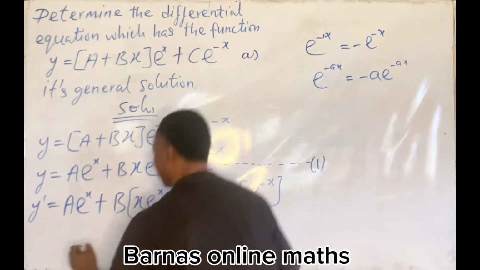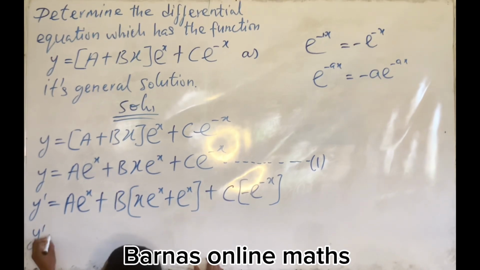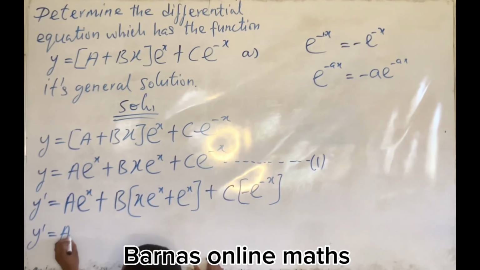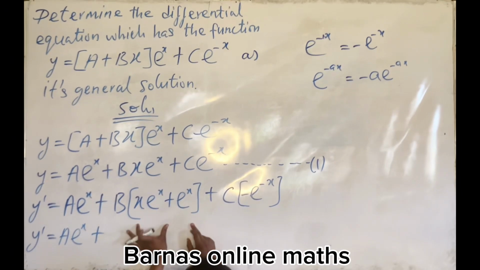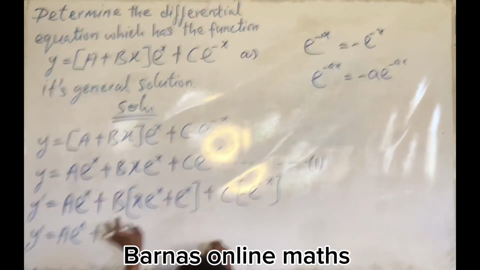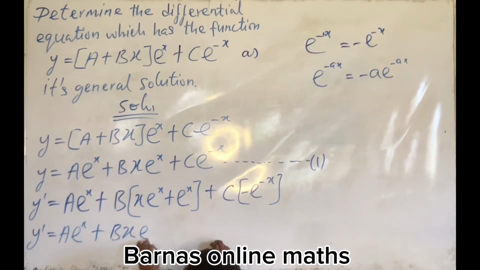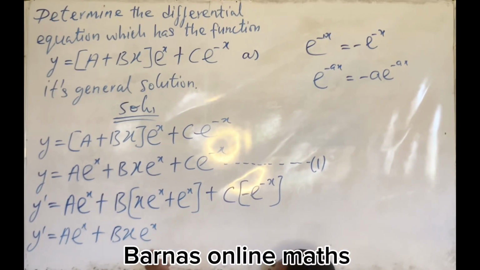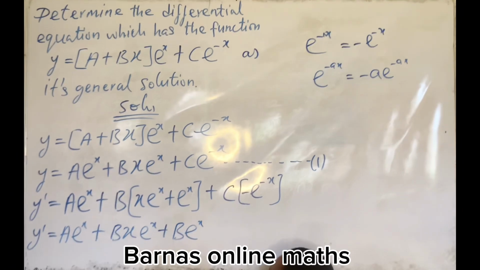We are going to have y prime equals a e to the power x plus, if I open this bracket, this into this will give us plus b x e to the power x. Then this into this will give us plus b e to the power x.